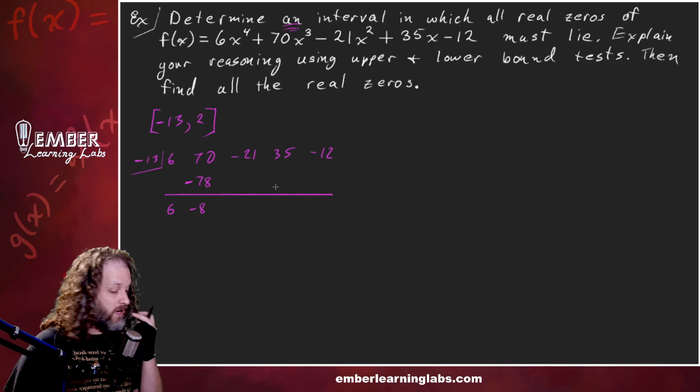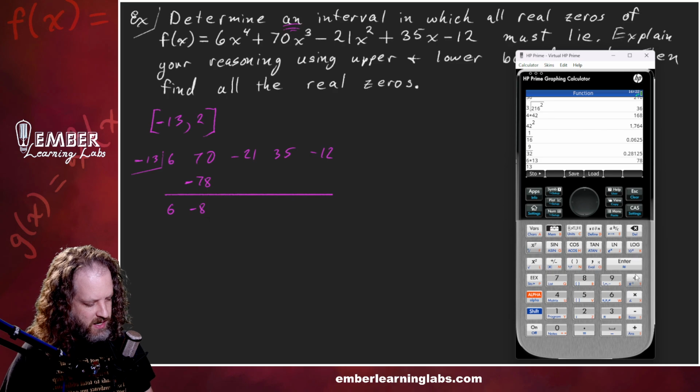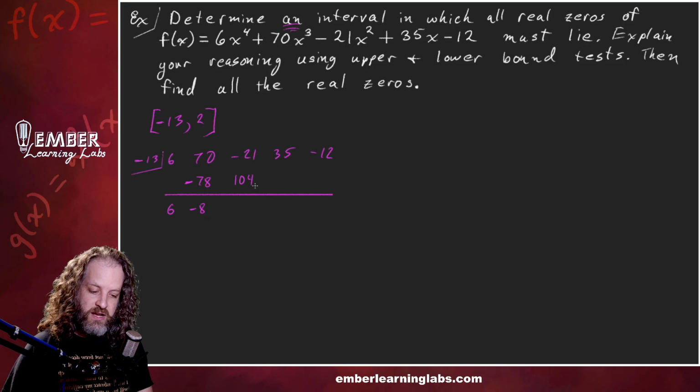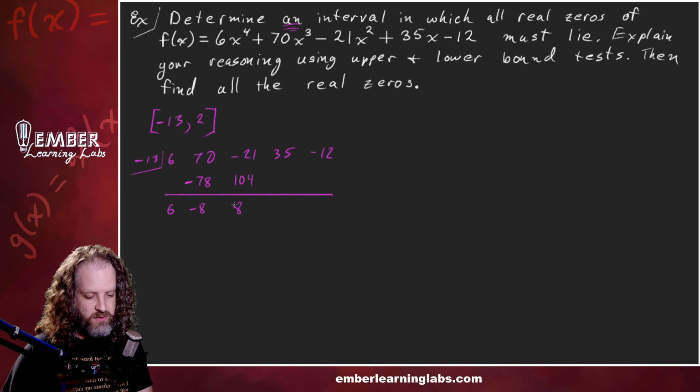Positive 80 plus 24, so 104 is what I'm thinking. So 13 times 8, 104. That looks great. So it's positive 104. Negative 21 plus 104 is positive, because this is bigger, positive 83.